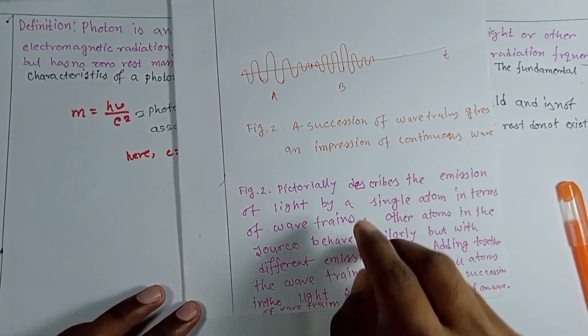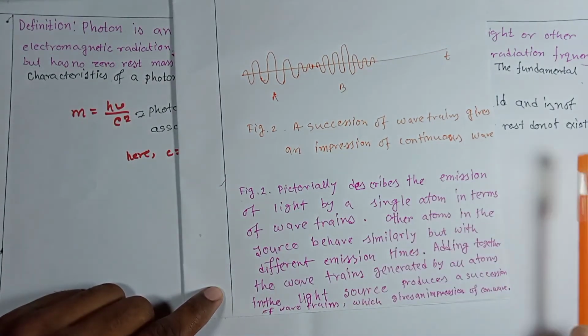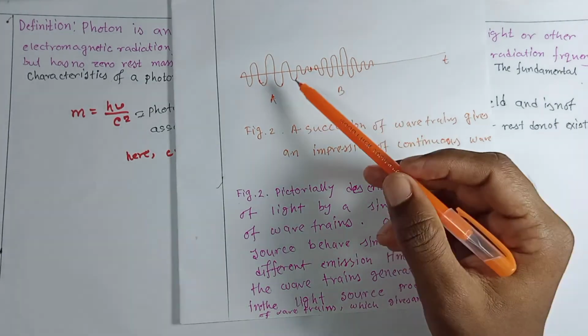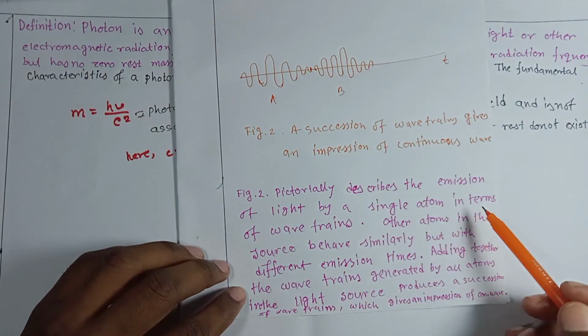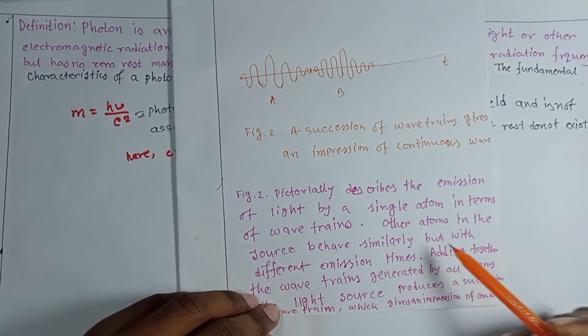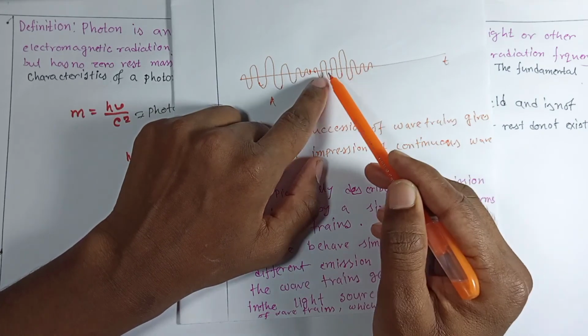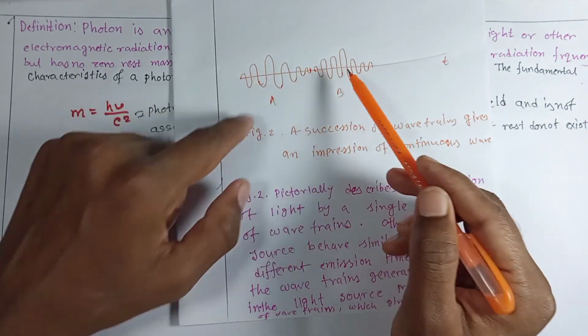We see that figure 2 pictorially describes the emission of light by a single atom in terms of wave trains. Other atoms in the source behave similarly but with different emission times.